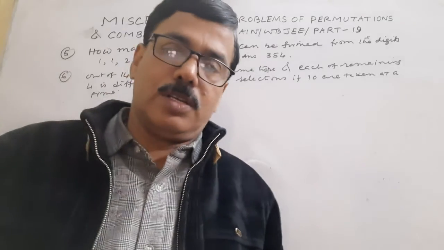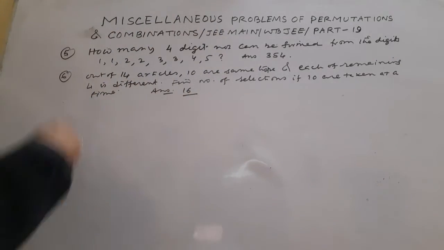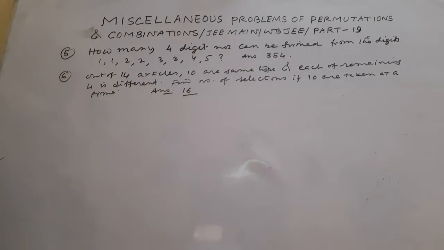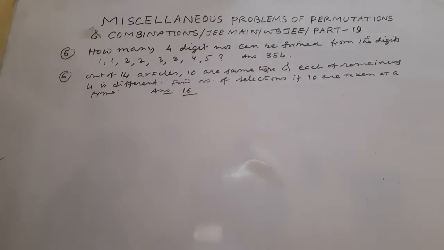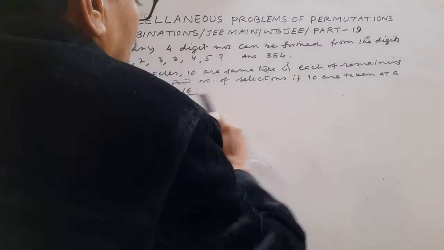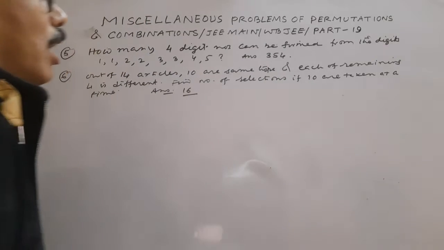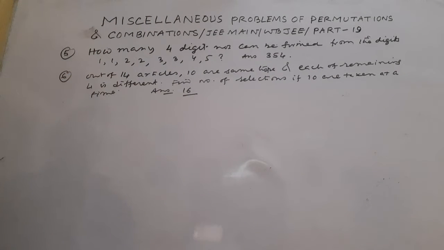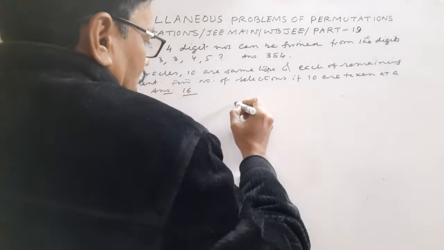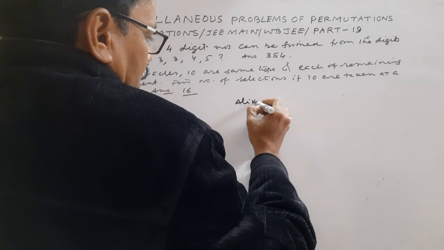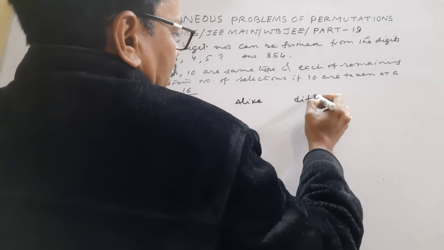Now we consider two more problems. Problem number 5 and 6. Out of 14 articles, 10 are of the same type and each of the remaining 4 is different. So 10 are alike and 4 are different.